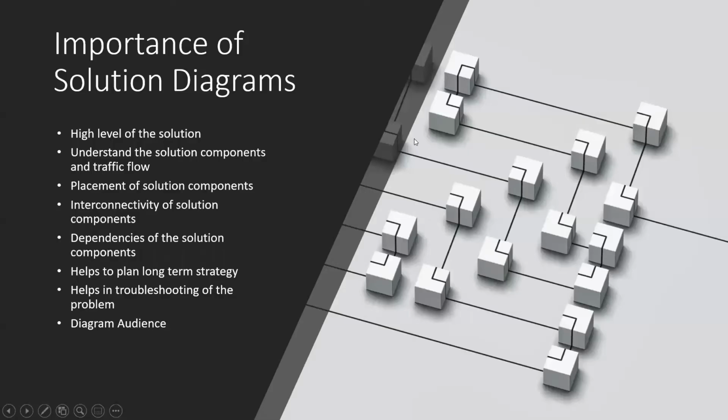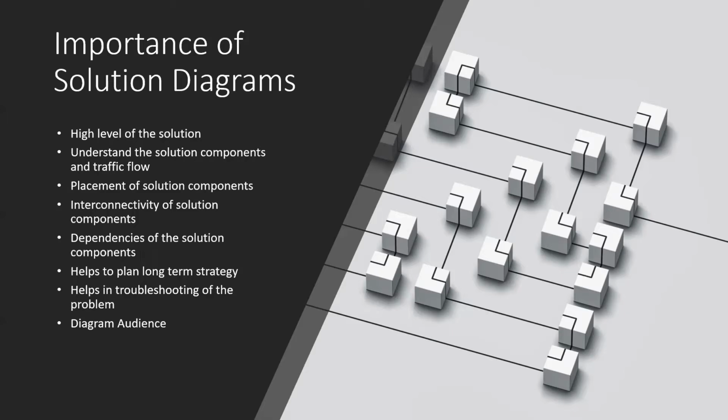So, the importance of solution diagrams. The agenda will be the high level of the solution. These diagrams show the high level of the solution, and you will be able to understand the solution components and traffic flow. There are different components like network, storage, firewalls, internet gateways, regions, availability zones, and different subnets and networks.